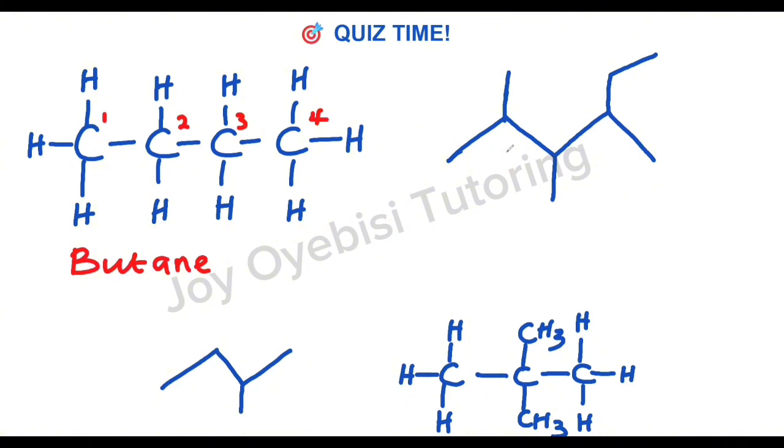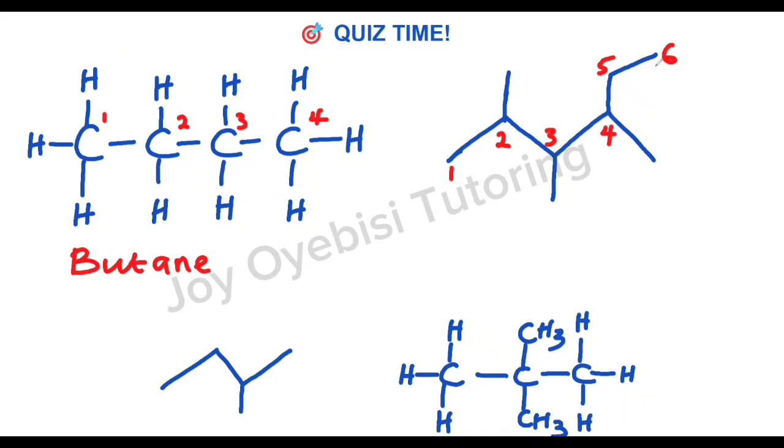For this one here, the longest continuous chain is this. Okay, that's your longest. So now we know our longest, we're going to number. We're going to number from the side that gives the substituents lower numbers. Okay, so if I number from here, 1, 2, 3, 4, 5, 6, I'm going to have 2, 3, and 4.